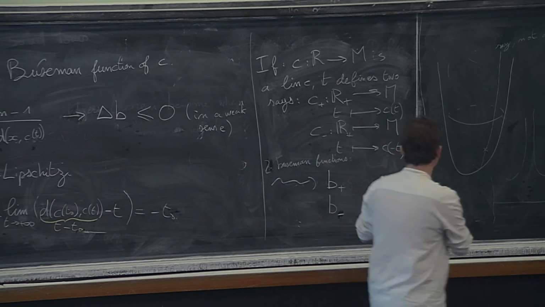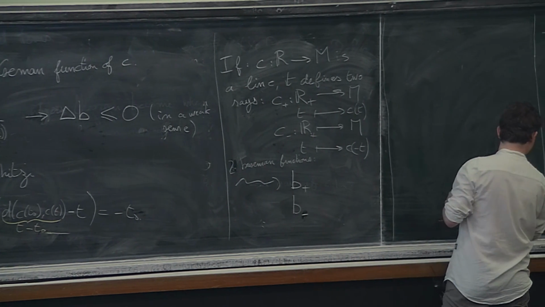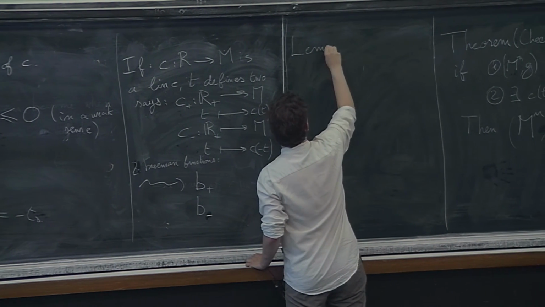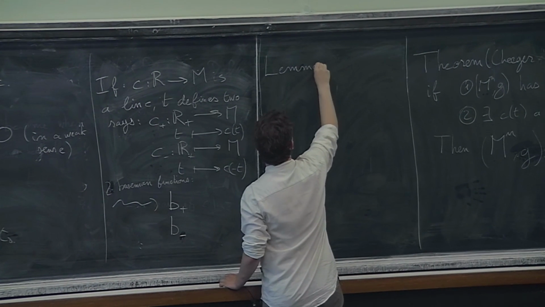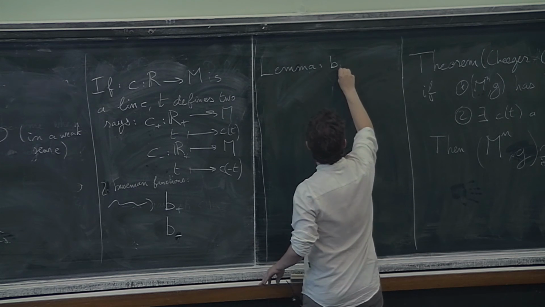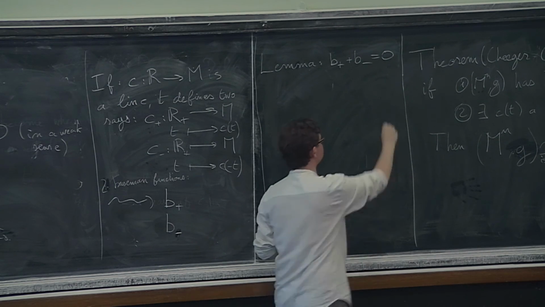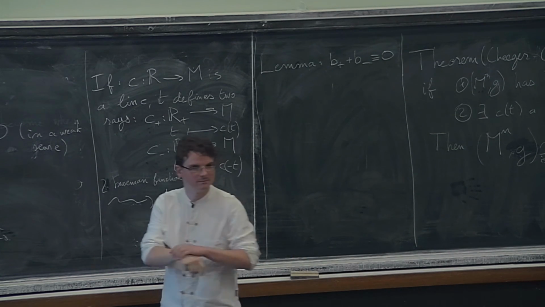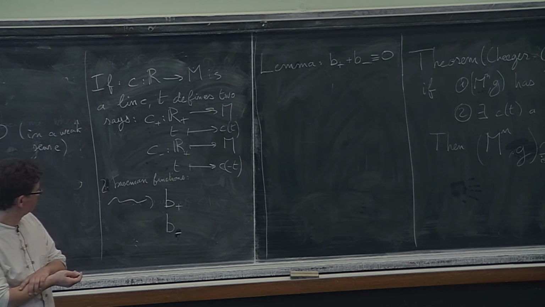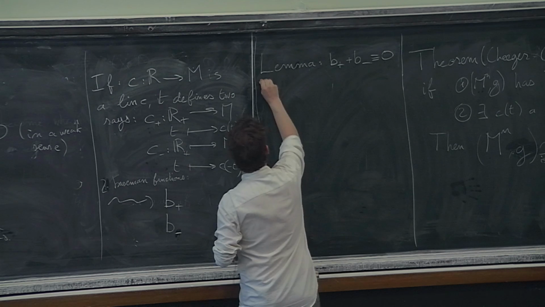So a crucial observation is the following. Lemma: b plus plus b minus is identically equal to 0. Okay, so proof.